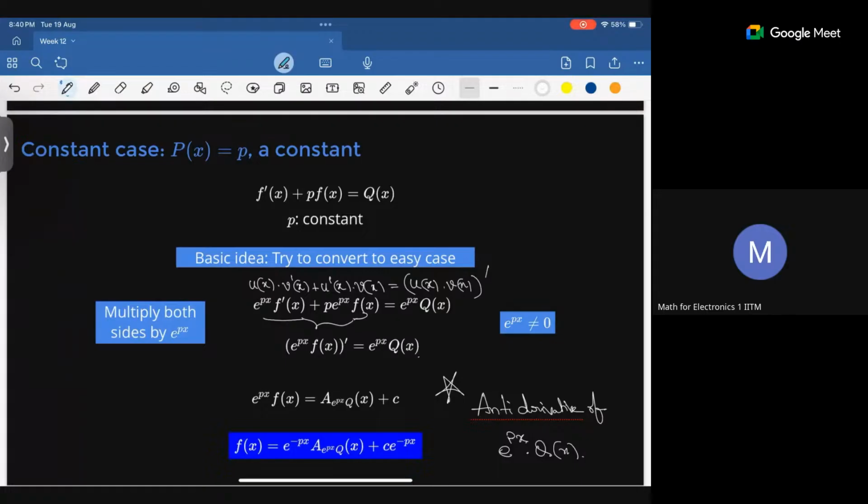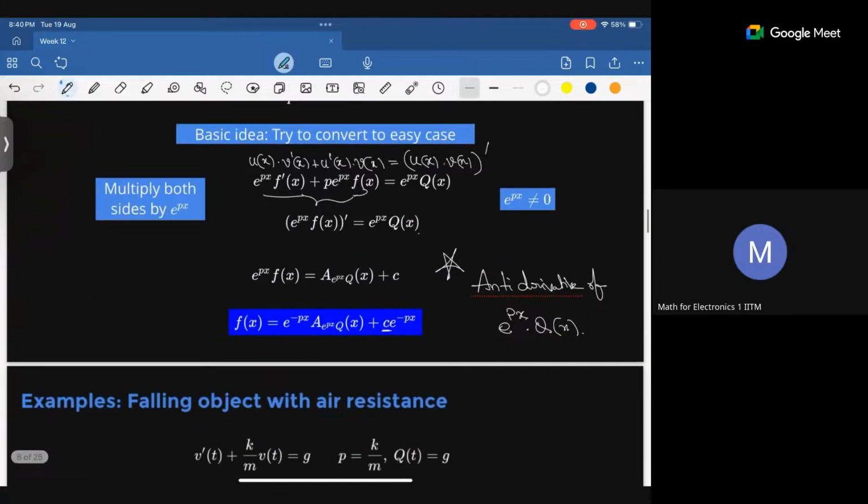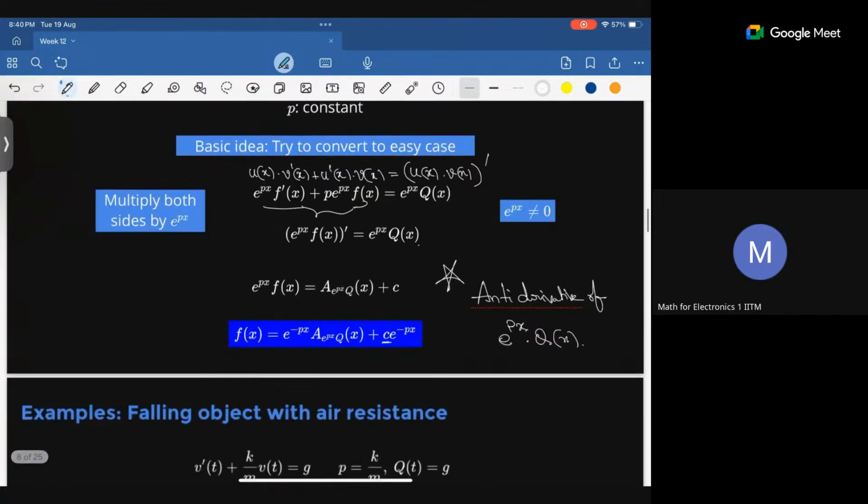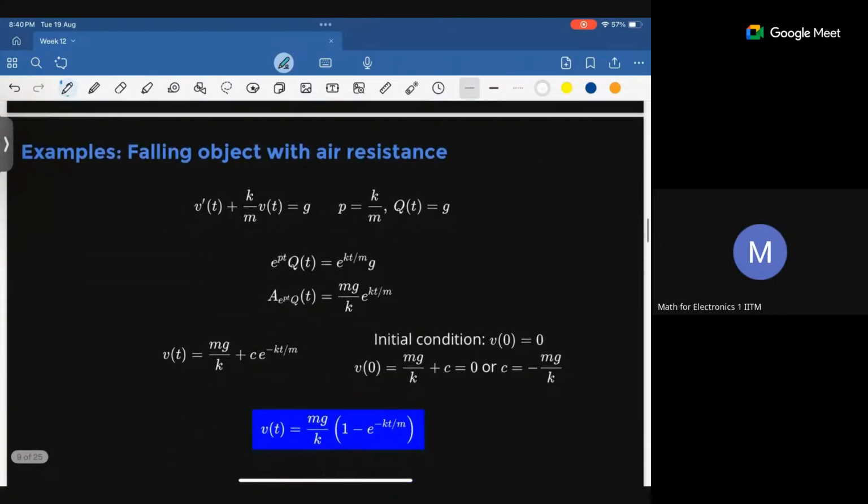If you closely observe, we have this constant c in the picture, and we can eliminate this constant c or find the value of c using the initial conditions. We'll come to that by solving this falling object example.